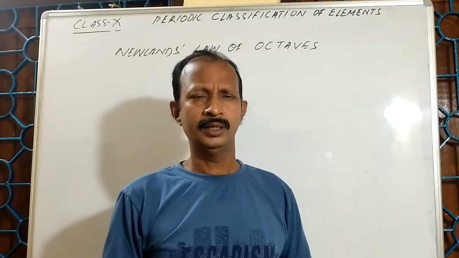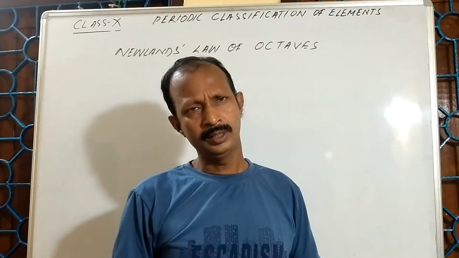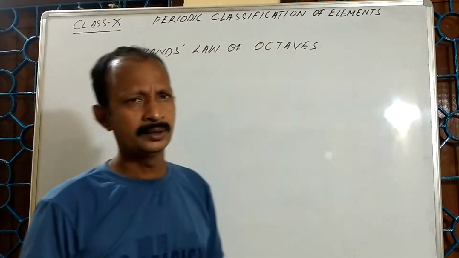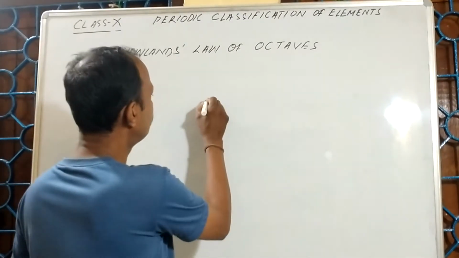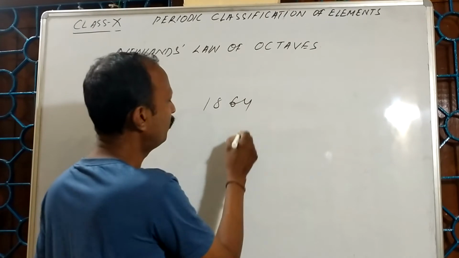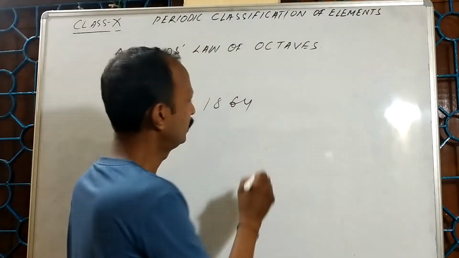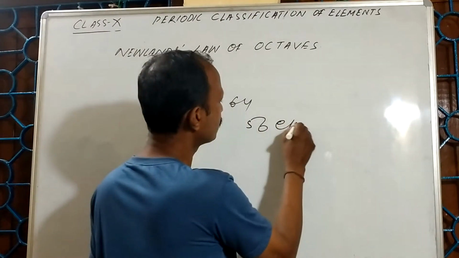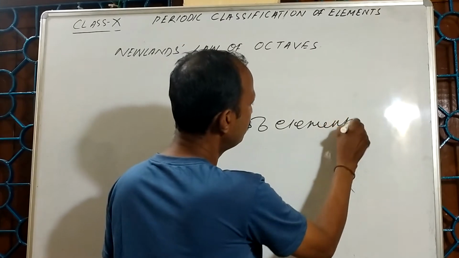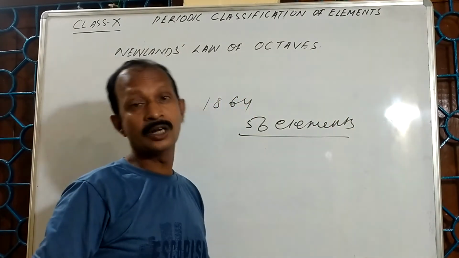Next, the remarkable law proposed by Newlands, it is the matter of 1864 when 56 elements were discovered.